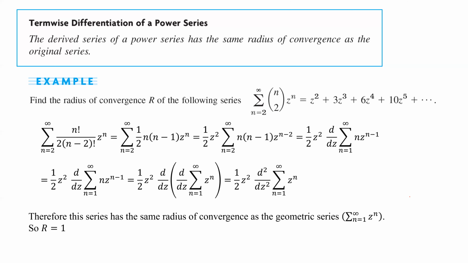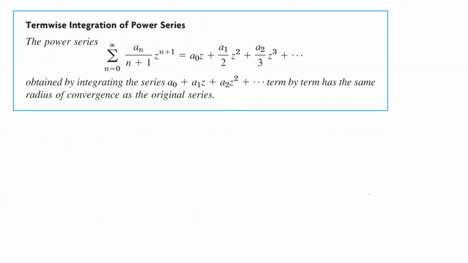And you can do term-wise integration of power series. Again, the power series sum of a_n over (n plus 1) times z to the power n plus 1, obtained by integrating the series sum of a_n z to the n term by term, has the same radius of convergence as the original series.